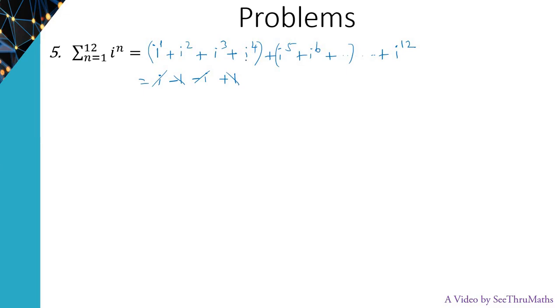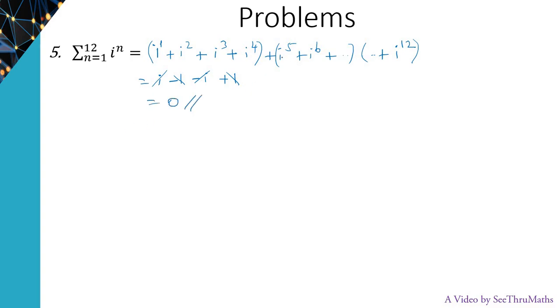So if we take continuous 4 terms, the values are zero. So this answer is 0, this answer is 0, and here it is i^12, so this also comes under one club. You can see easily from here, the fourth term is i^4, a multiple of 4. The next one here will be i^8, then i^12. So the answer is 0.